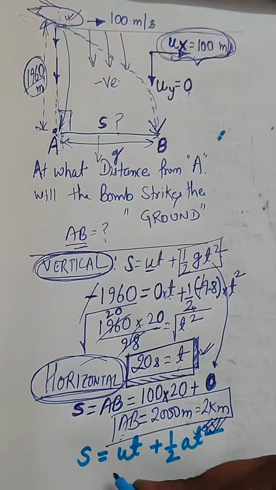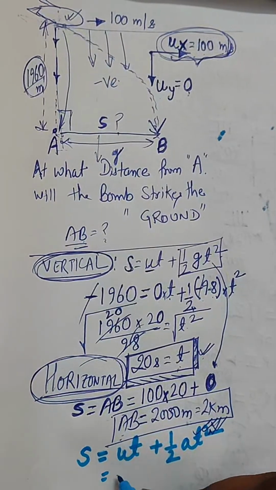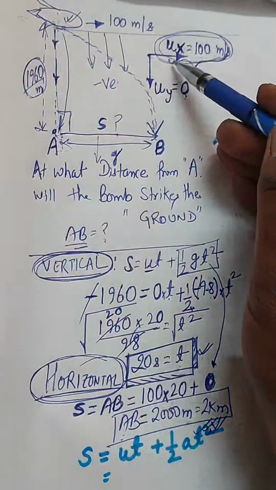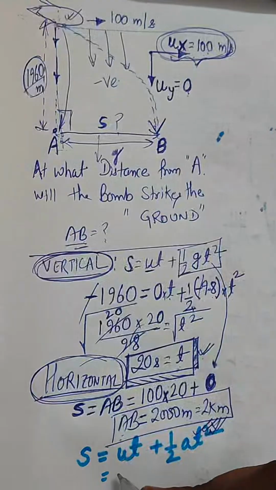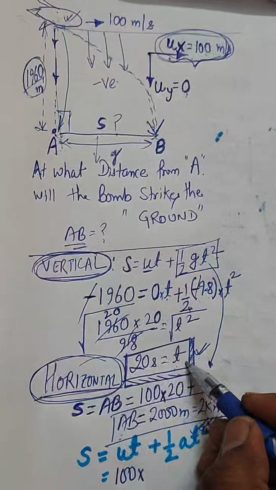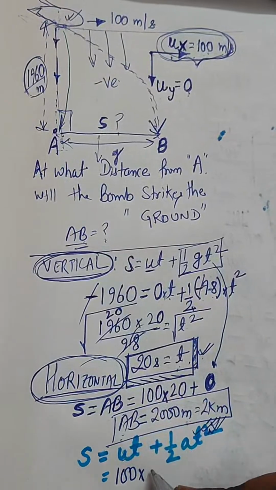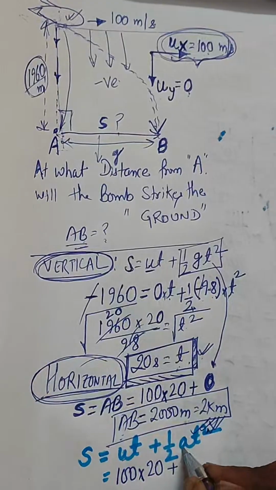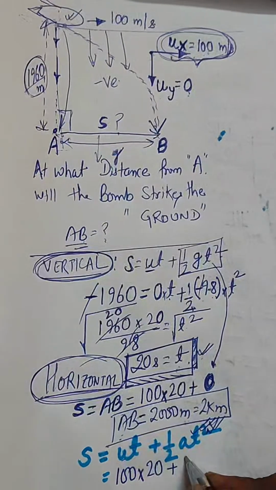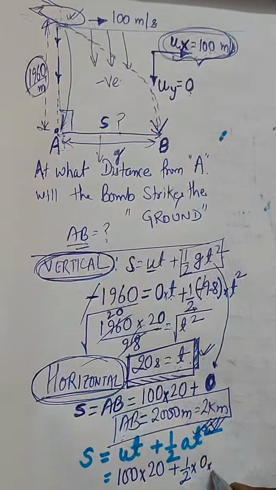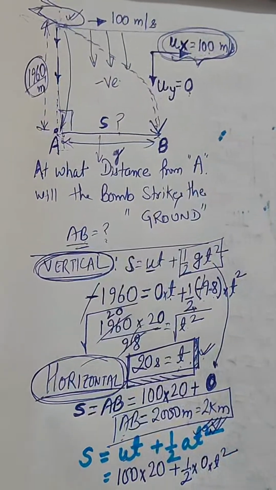This is the formula, and here u is the horizontal component ux, which is 100, into t. We have calculated t as 20, just multiplied 20 over here, and the acceleration in the horizontal direction is 0. So this will be half into 0 into t square, right?